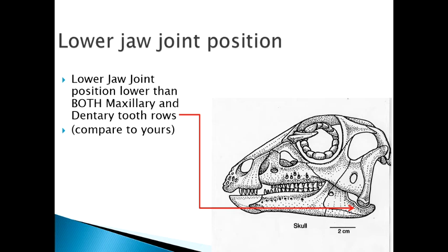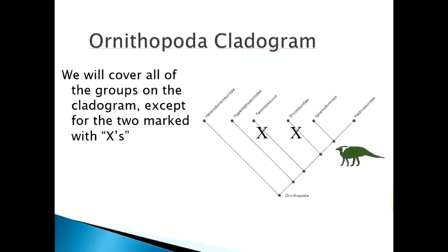Like most of these things, there's also a separate cladogram that's just for the group. And so here's the group of ornithopods. Here at the base, this would have those maxillary features in all of these up here. Now, I've put X's over these two things, the Tenontosaurus and the Dryosaurs, which, again, we don't know where to put them, and they don't have a lot of specimens either, so we're not going to worry about them so much.